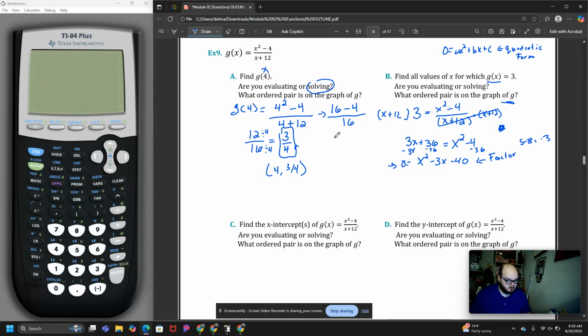So we're good there. So we're going to have 0 is equal to x plus 5 and x minus 8. So x plus 5 is going to equal 0. X minus 8 is going to equal 0. You're going to deduce that x is negative 5. You're going to add the 8. X is equal to 8.